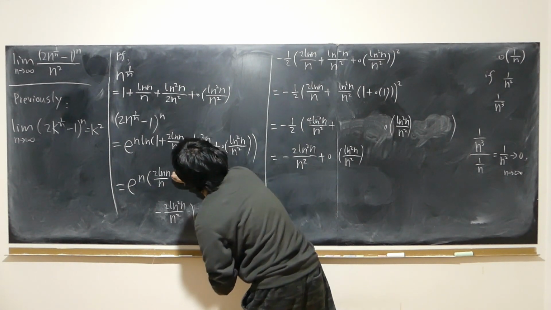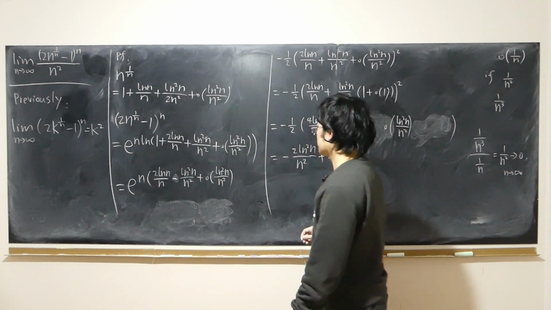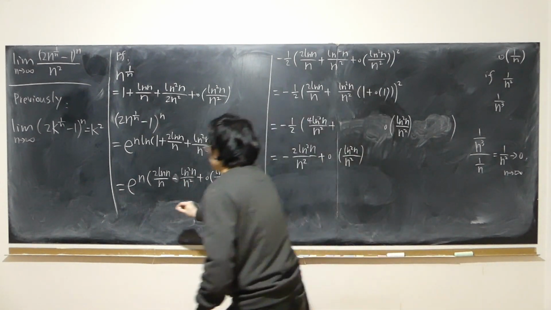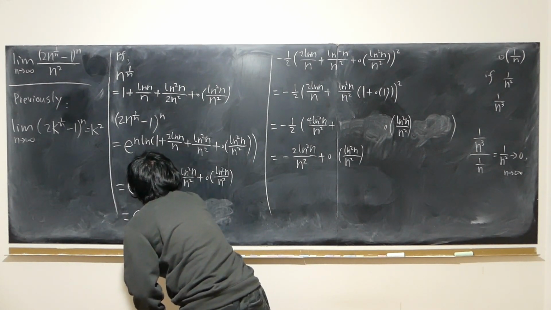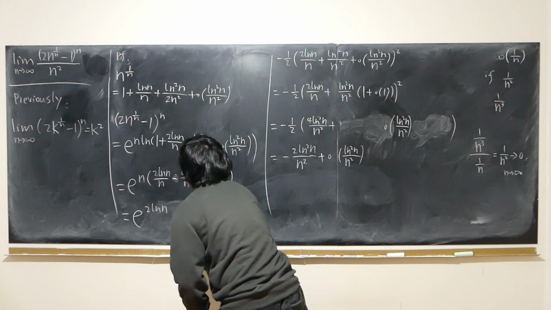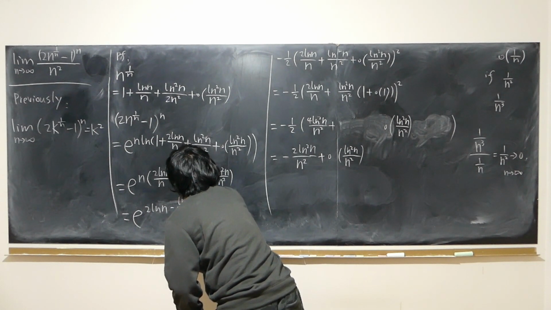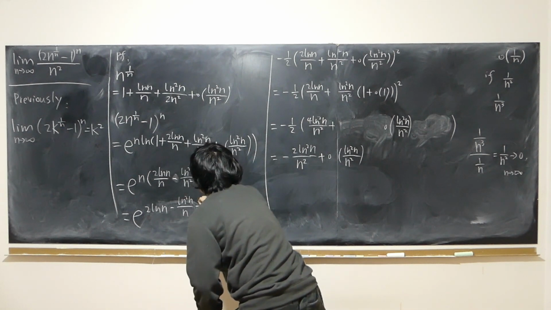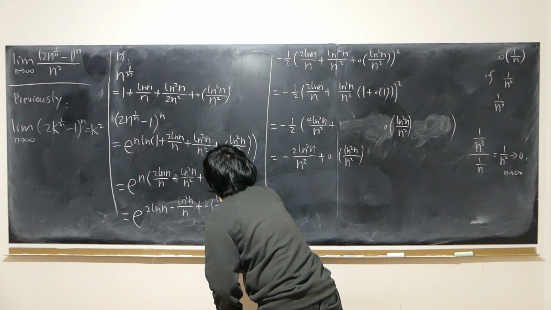Minus, this is gone. So we have e to the power of twice log n and minus n log square plus little o of n log square.